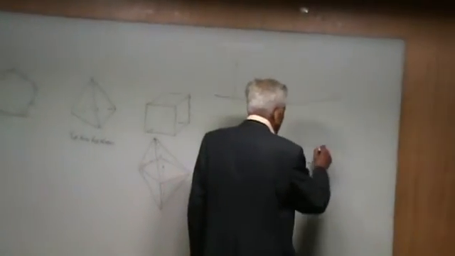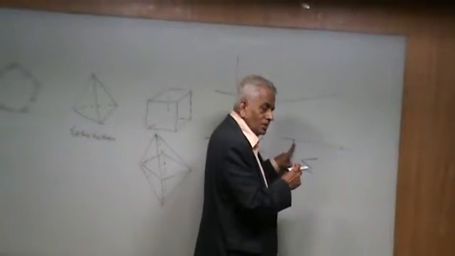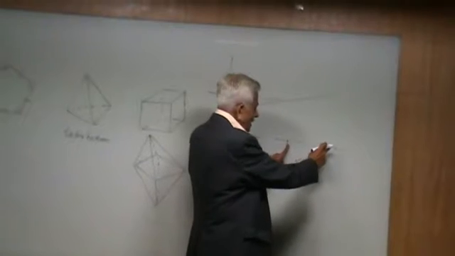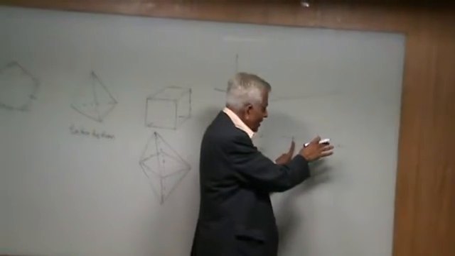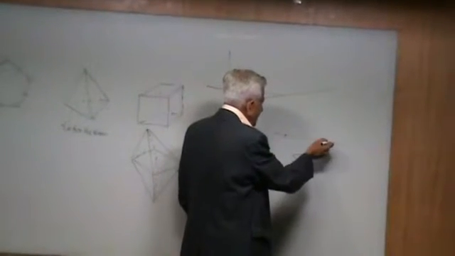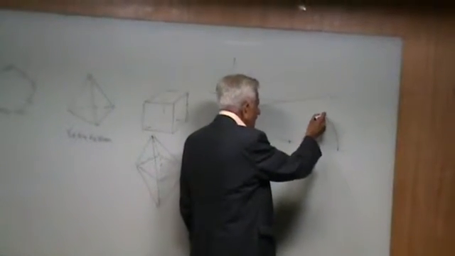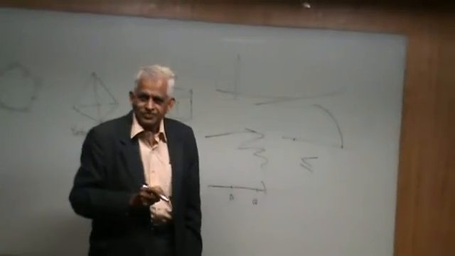So you put one end of the compass here and the other end here, and then you make this a center and draw this circle.